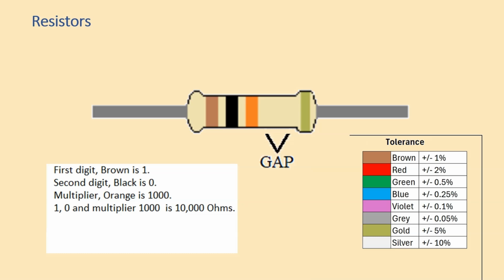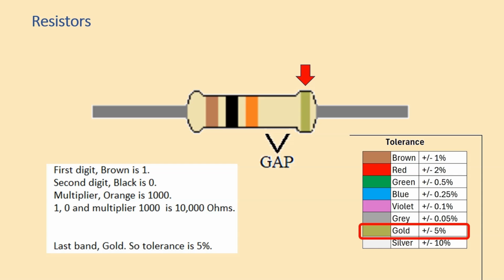That brings us to the last band over here on the other side of the gap. This color band indicates the resistor's tolerance. So we will look at our resistor color code and the chart for tolerance. We see here that gold represents 5%. So we can say this resistor has a 5% tolerance.